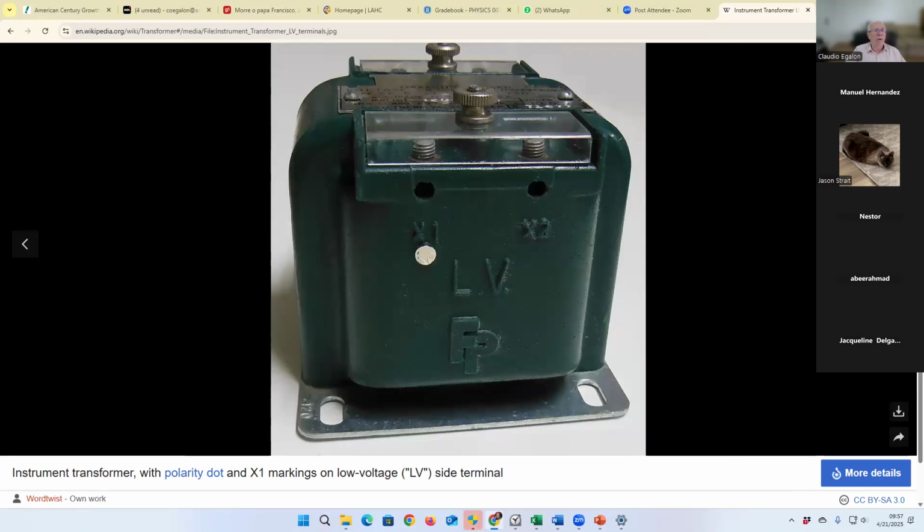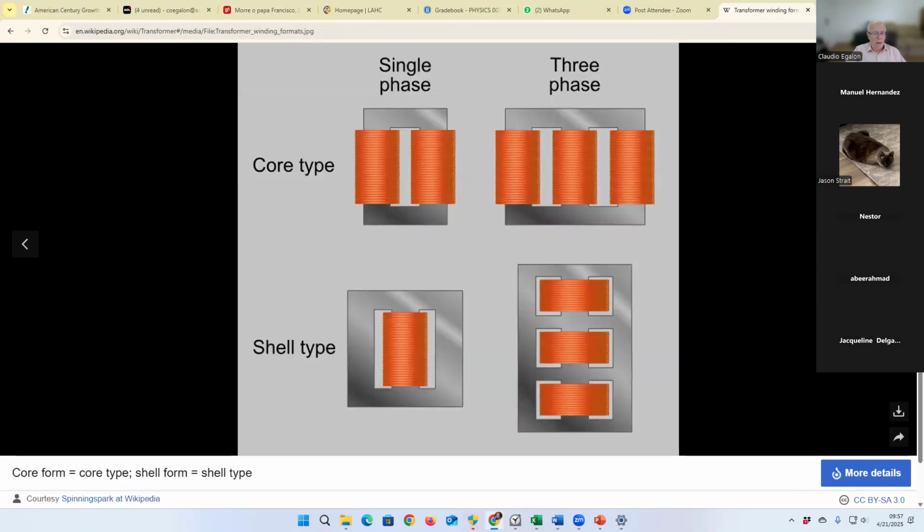Okay, let's see another one. Here you go. There's a real life solenoid inside this carcass. And okay, here you go. That's another. Here's the core, right? We call that a single phase solenoid. Three-phase solenoid because we have three windings here.